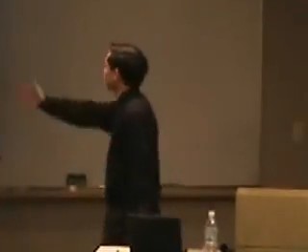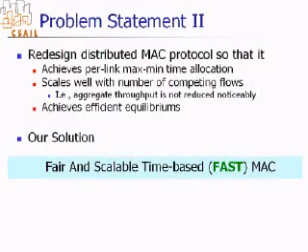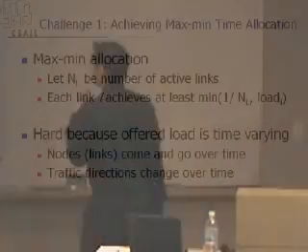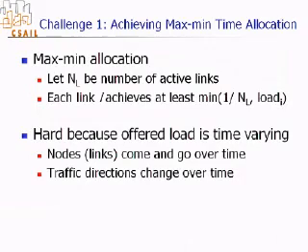Another thing we're going to see is that 802.11 doesn't scale well if the number of transmitters increases. And finally, you want to achieve efficient equilibria, which I'm going to talk about in the next 2 slides. Our solution, I call it FAST, the Fair and Scalable Time-based MAC Protocol.